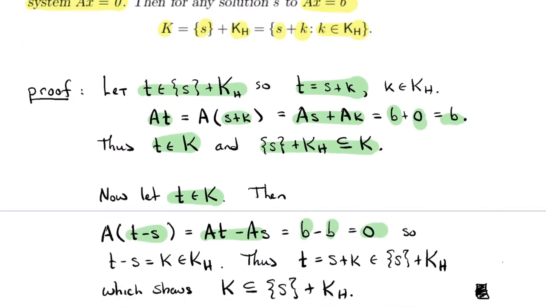That shows that T minus S, call it lowercase k, is an element of K sub H, the homogeneous solution set, by definition. So a little bit of algebra says that T is equal to S plus k, and that's exactly an element of this thing that I was calling a coset. That's the opposite inclusion, so those two sets are equal. Nice. So that's one way to parameterize the solution set.